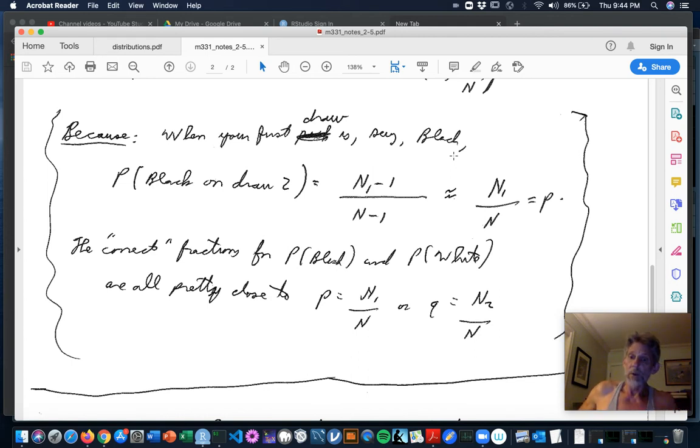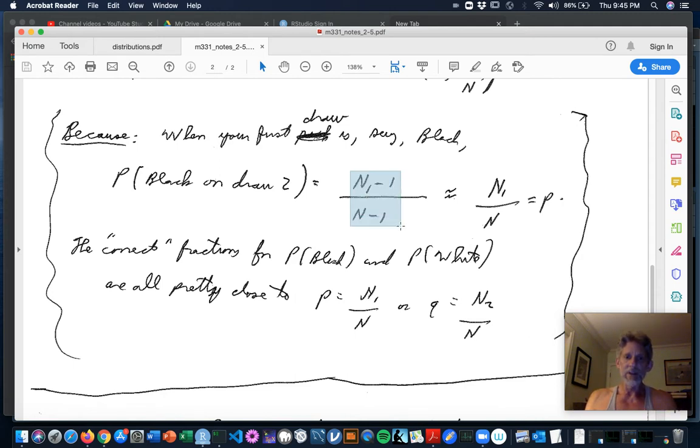No, because on draw 1 your chances were n1 over n. On draw 2 you're looking at a different urn because you haven't replaced the black ball you've drawn. There's n1 minus 1 black balls left, and n minus 1 balls in the urn left.